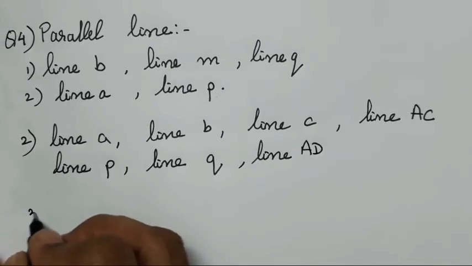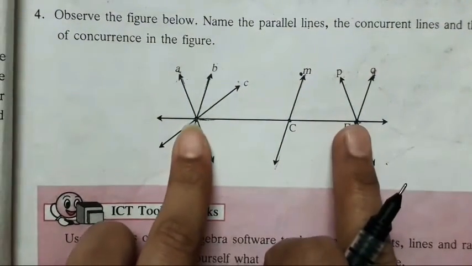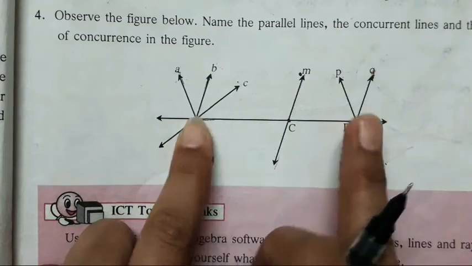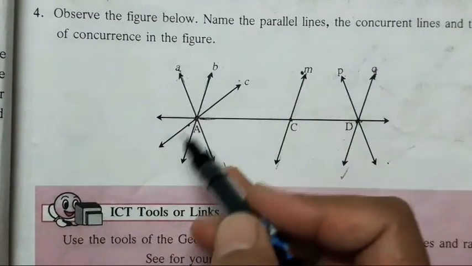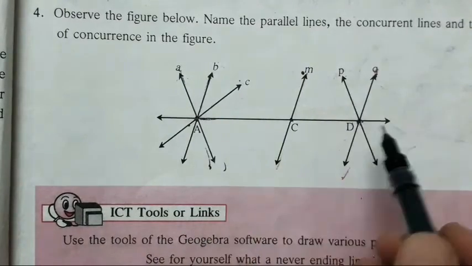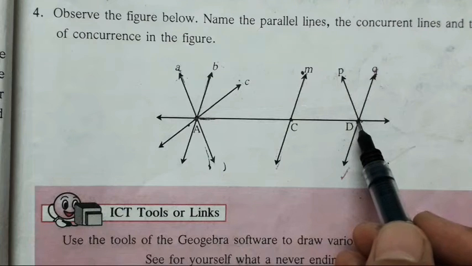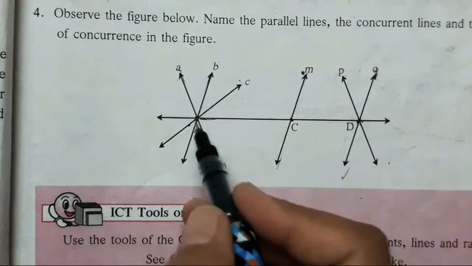Alright, now question number 3 is point of congruence. Point of congruence means where these two points meet. This is known as point of congruence. Whenever a figure is given and 2-3 rays or lines cross each other, that point is said to be congruent. Point of congruence. Okay, so what are the 2 points of congruence?